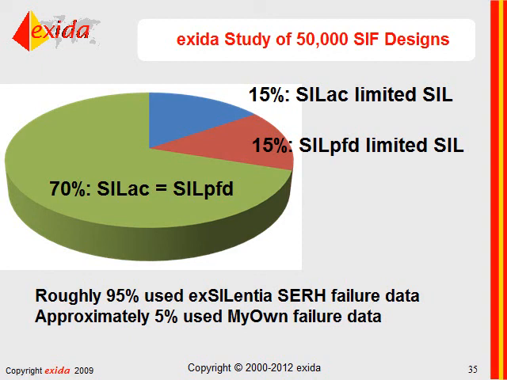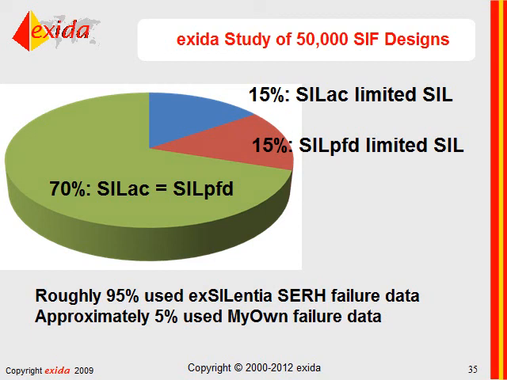So we dug a little deeper. Approximately 95% of these 50,000 SIFs used the exida SERH failure data, which is primarily based on field-calibrated FMEDA results. Approximately 5% used my own failure rate data.